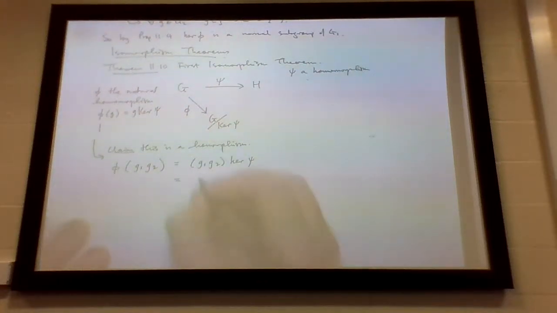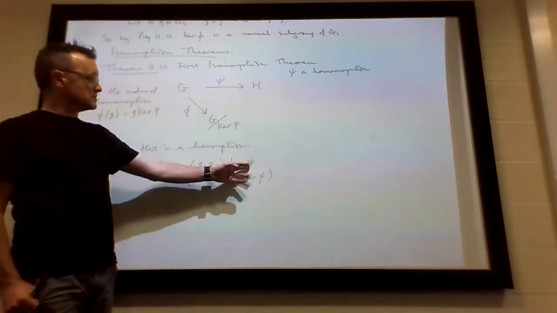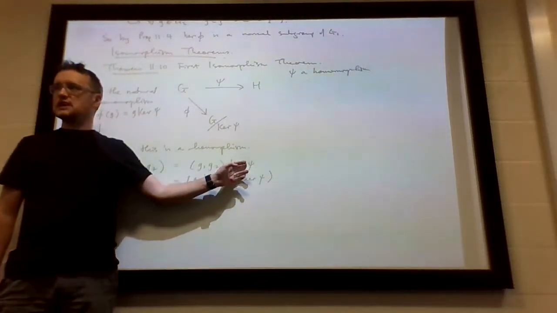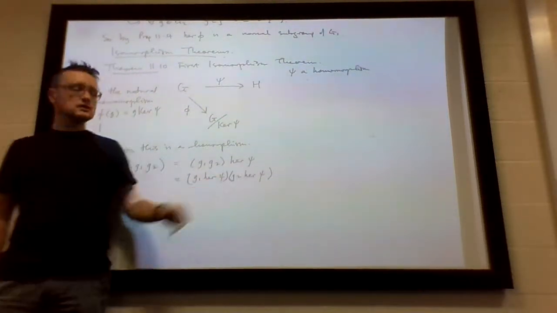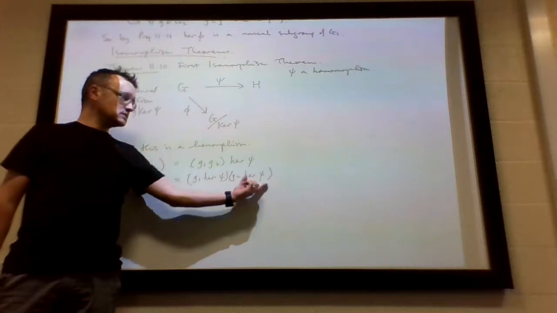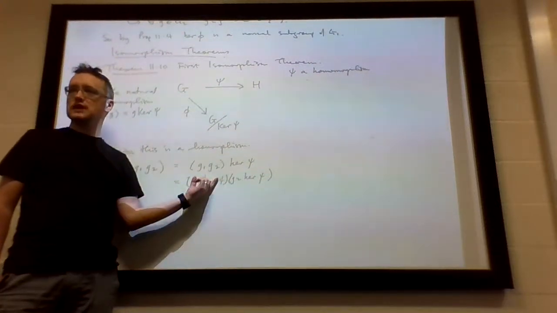So from the work you did with factor groups, this is equal to this product. Remember, these are products of subsets. This is a certain subset of G, a coset of this subgroup of G, and it's equal to the product of these two.